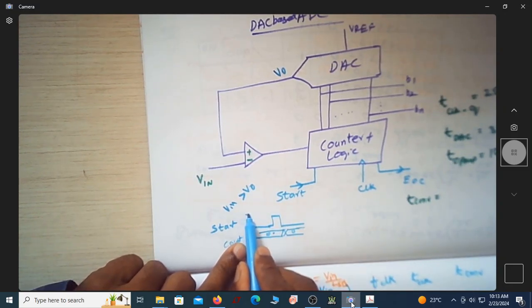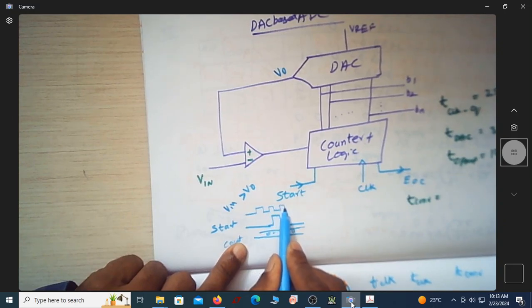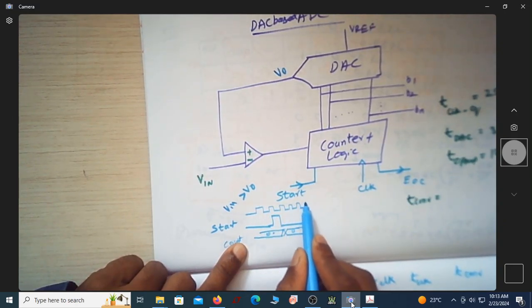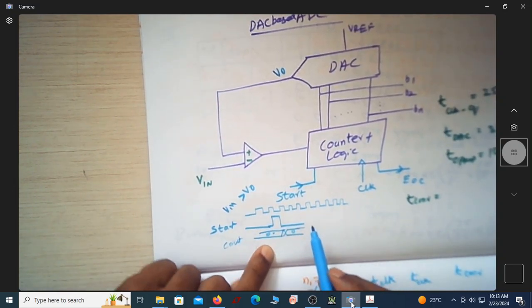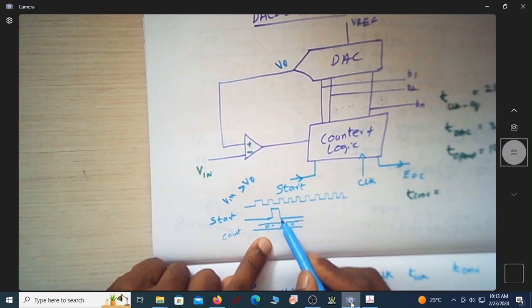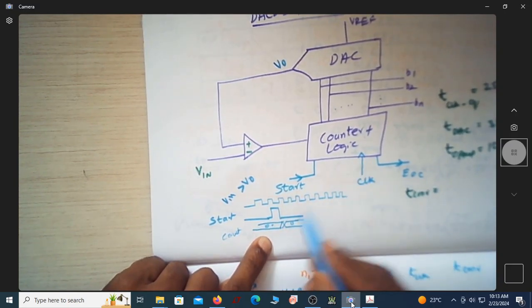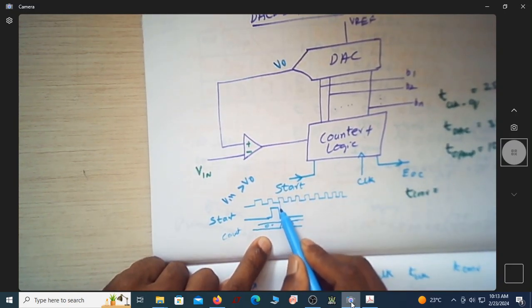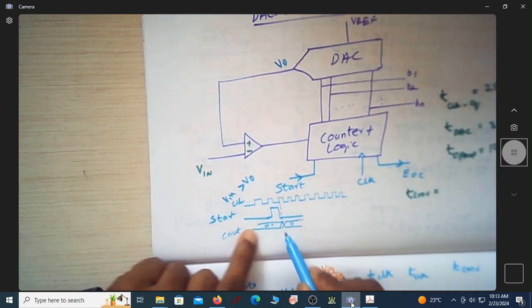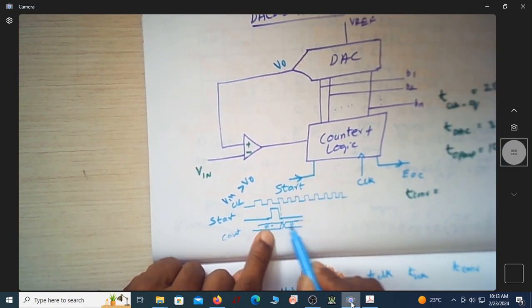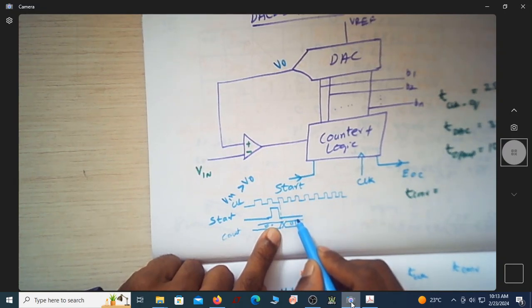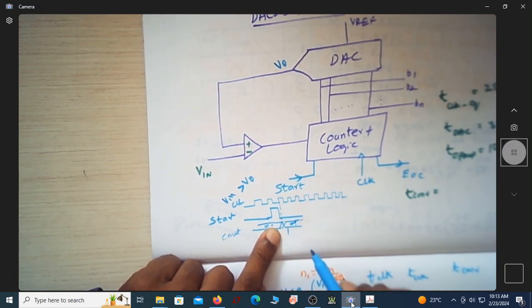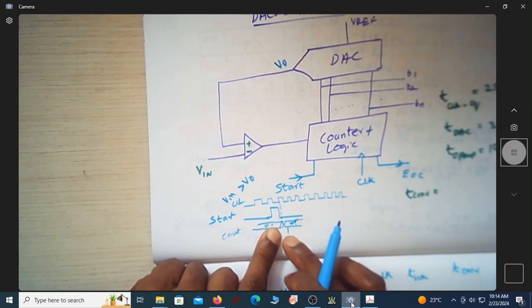Of course, you have a clock coming all the time. If this is a positive edge clock, after the positive edge of the clock, the counter will increment from 0 to 1.